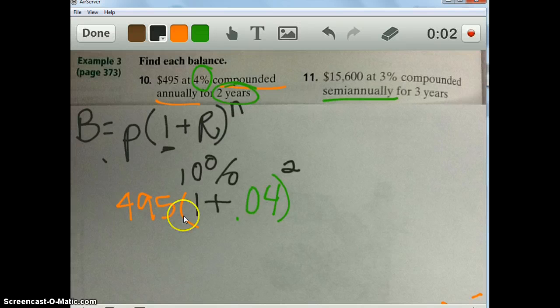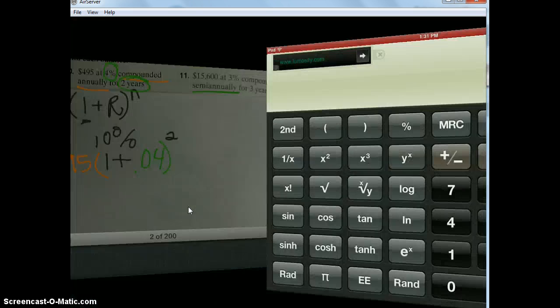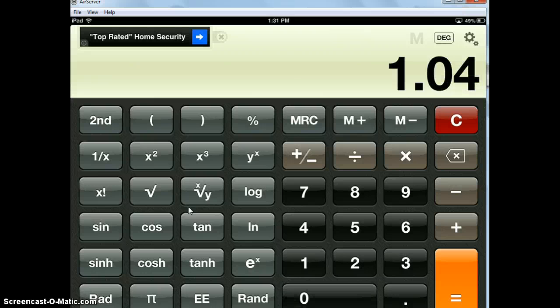So what you're going to do is add your 1 plus your 0.04, because you always do parentheses first. When I pull up my calculator, what you put in is 1.04. Then we've got to do the second power, because in your order of operations, parentheses come first, then exponents.